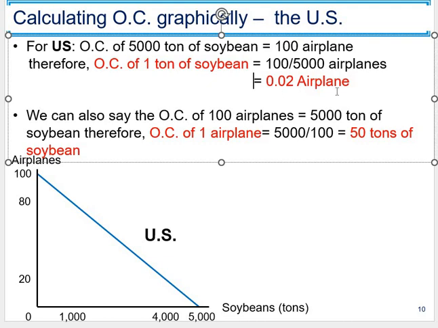So 0.02 airplane is the opportunity cost of 1 ton of soybean.